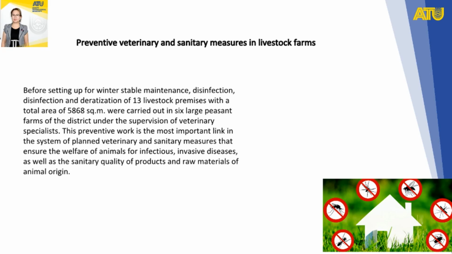This preventive work is the most important link in the system of planned veterinary and sanitary measures that ensure the welfare of animals for infectious, invasive diseases, as well as the sanitary quality of products and raw materials of animal origin.